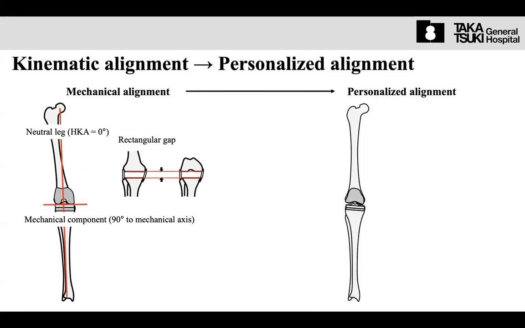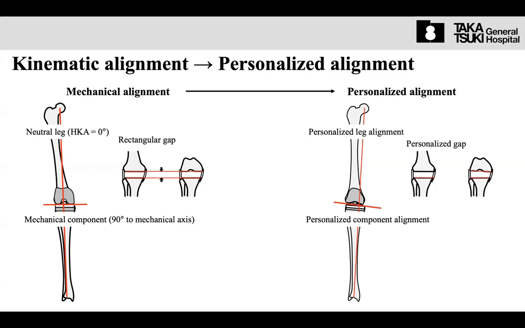Now, in contrast, there is personalized alignment. The personalized alignment aims for personalized leg alignment. If the patient has neutral constitutional alignment, just restore the patient's native alignment, the native joint line obliquity and the native gap balancing.